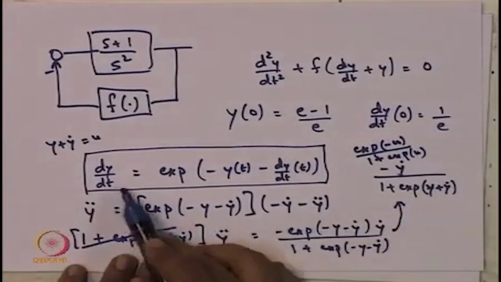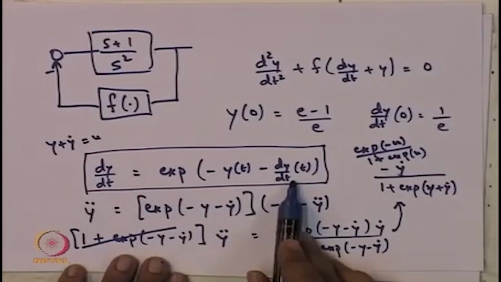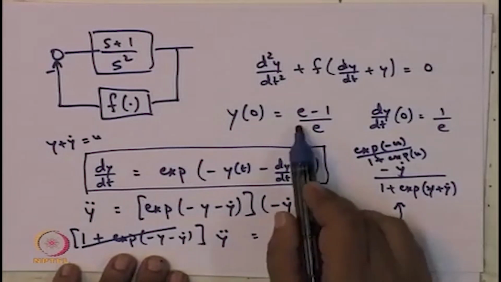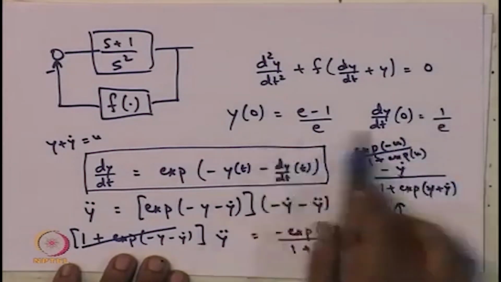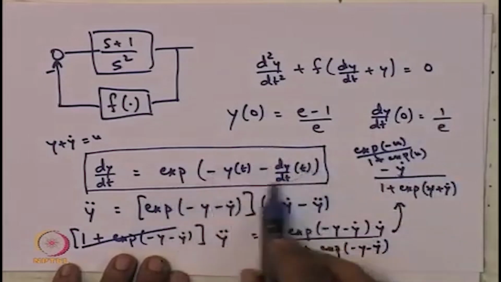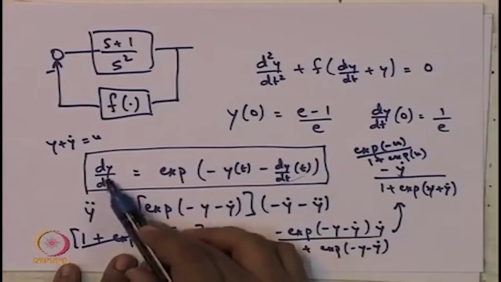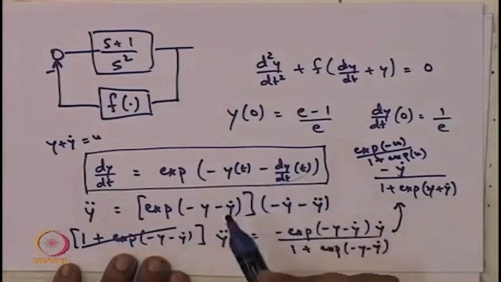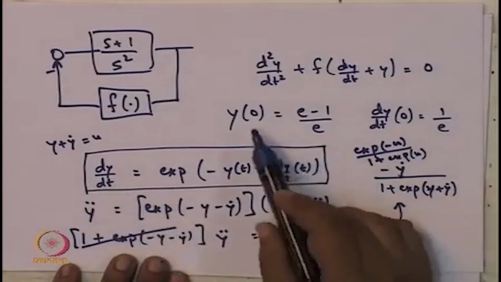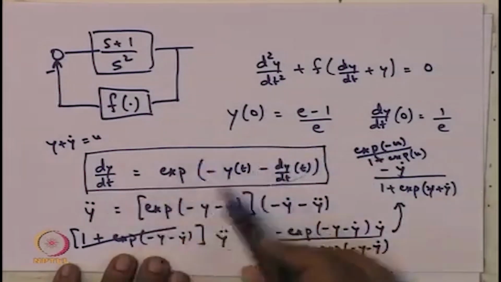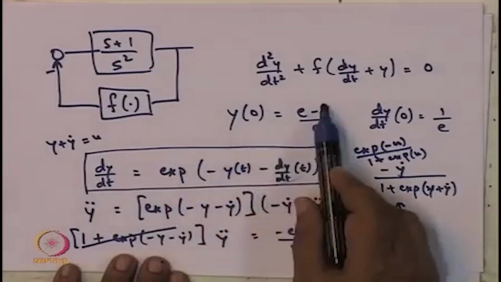Okay. Now, if you look at this solution, then it should be clear that once these are the initial conditions, this exponential of some quantity, so dy dt is going to increase. So, when dy dt increases, dy dt is positive. So, dy dt is positive means y increases.